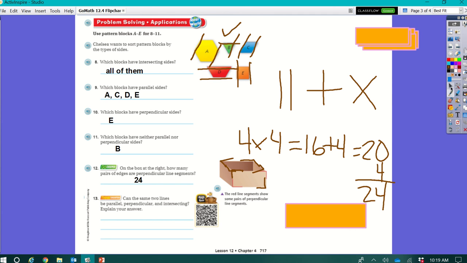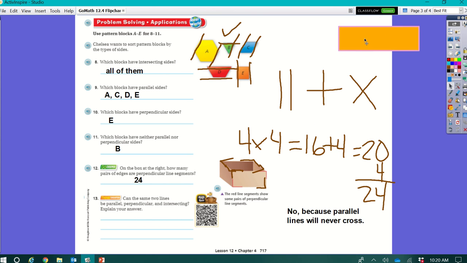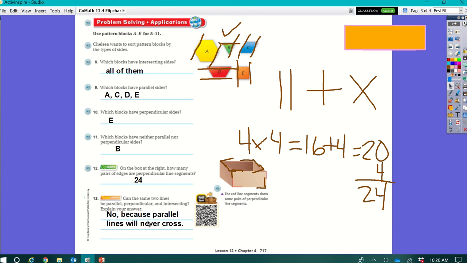Okay. So hopefully you answered no, because parallel lines will never cross. So if you have parallel lines, they cannot be perpendicular, and they cannot be intersecting because they would never cross.